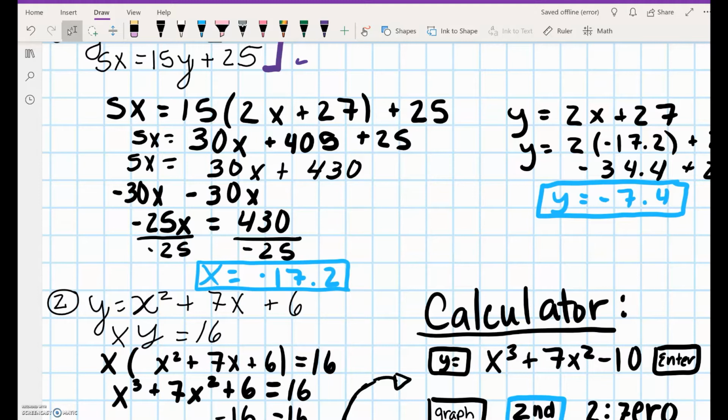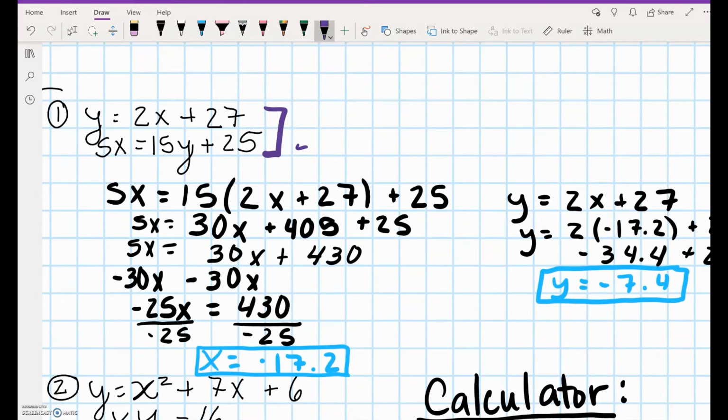Before you divide by 5, combining like terms, once you've simplified it as much as you can, then dividing by the 25, and you'll get x to be negative 17.2. Then you can decide which equation you'd like to substitute this x in. It doesn't matter which.